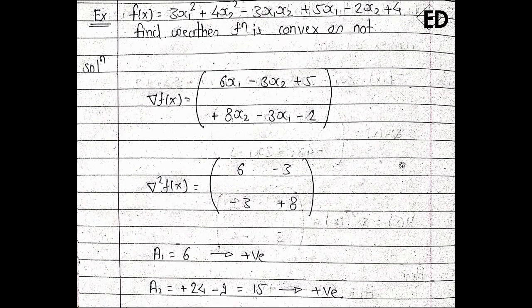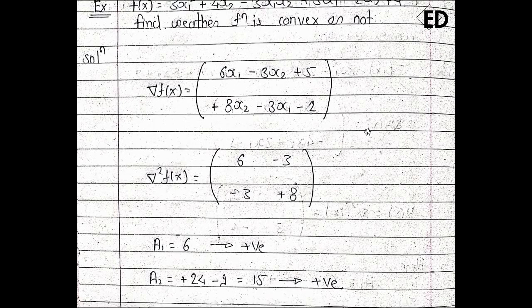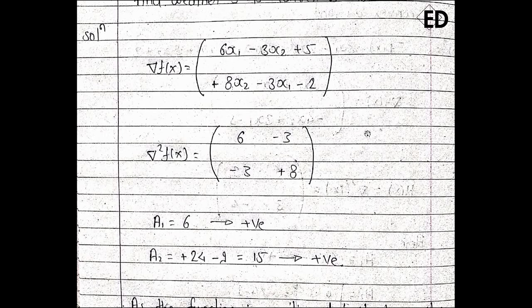So if there is a question, for any type of question, where somebody asks us whether a function is convex or not, we have to apply this method to check it.